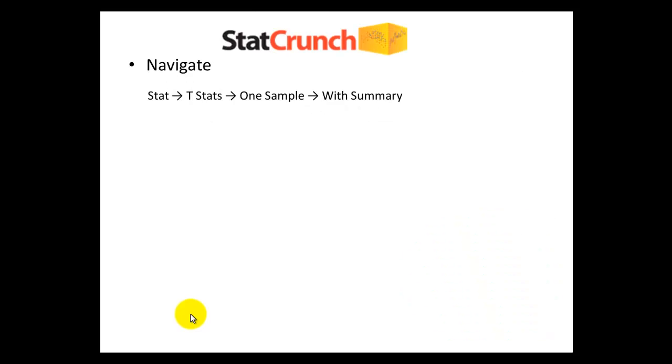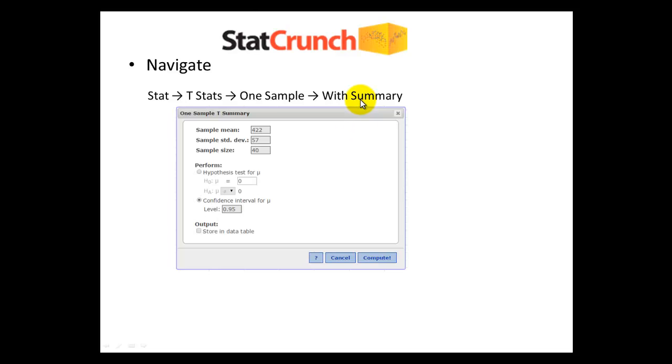If you're not much for formulas, you can accomplish computing a confidence interval by using StatCrunch. You would open up your StatCrunch, get to the spreadsheet, and navigate through pressing the Stat button, T-Stats, One Sample with Summary. And this box would pop up on your screen.